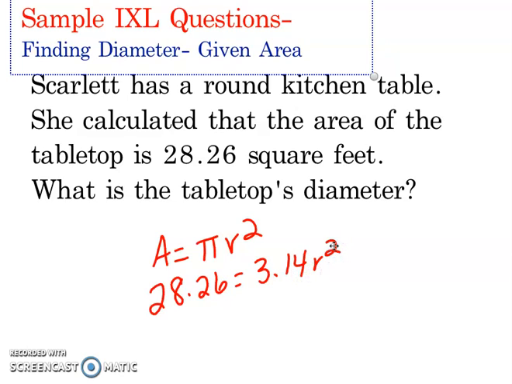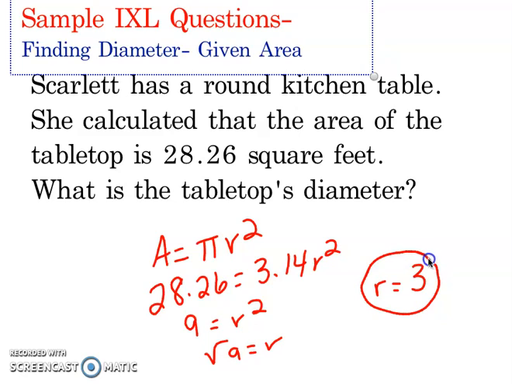So we divide 28.26 by 3.14, and we get 9 equals r squared. So you say to yourself, what number times itself will give you 9? And that is 3. So in this case, the radius is 3. We want the diameter, so we double the radius and get the diameter to be 6. So that's finding the diameter given the area.